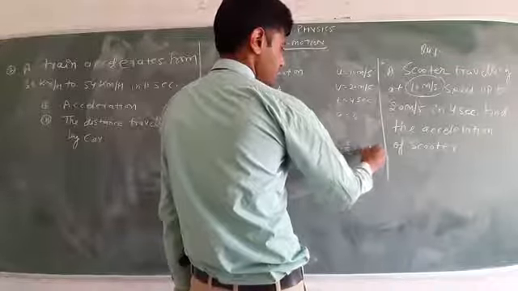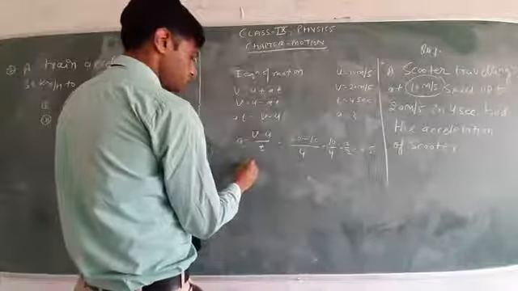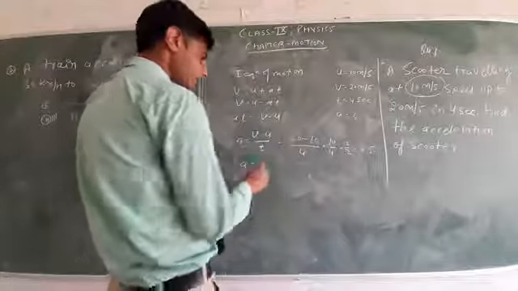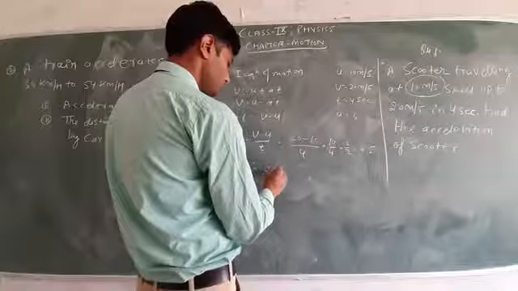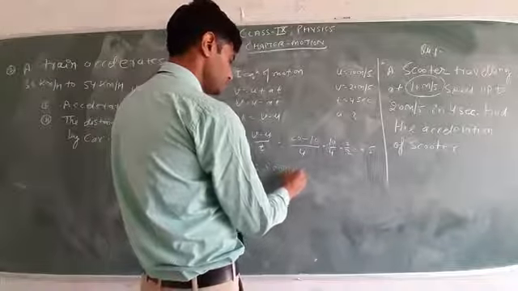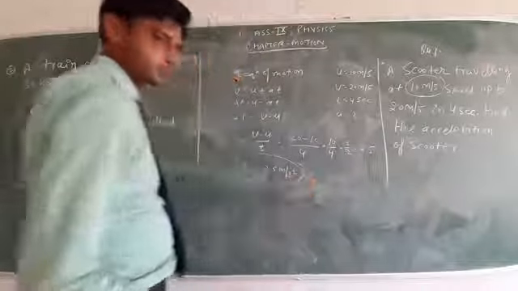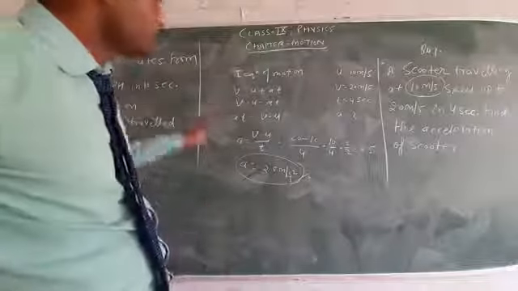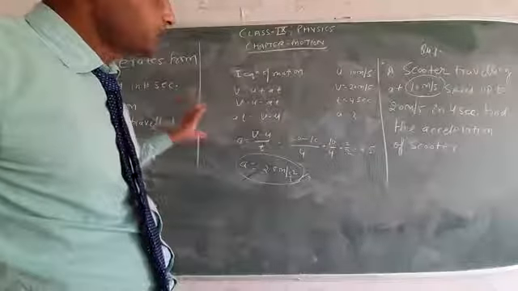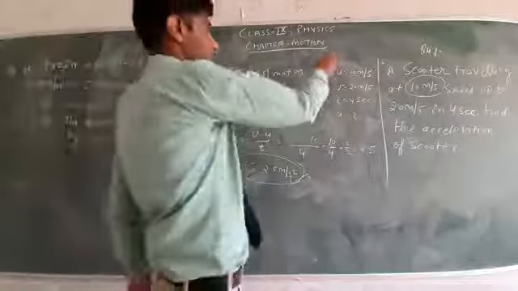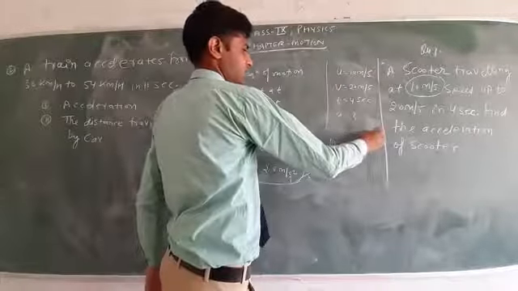It means 2.5. It means the value of acceleration is 2.5 meter per second square. This is the unit of acceleration. So I hope you understand easily. This is a simple question based on the equation of motion.